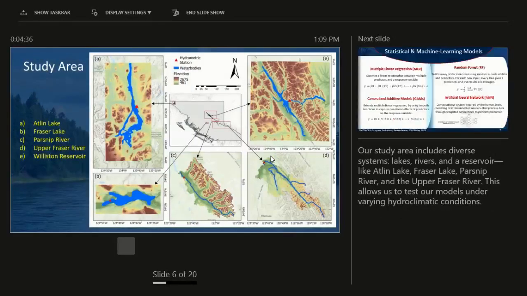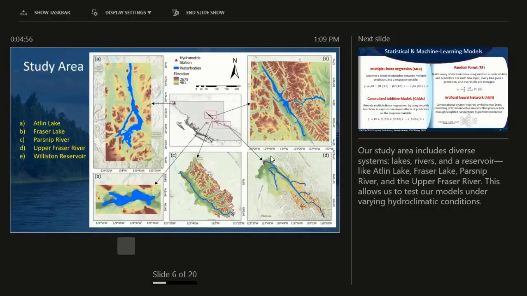To do this, we focus on 5 study areas in northern BC, which include a variety of water bodies. On the map, A and B are 2 lake sites, which are natural lakes: A is Aitken Lake and B is Fraser Lake.